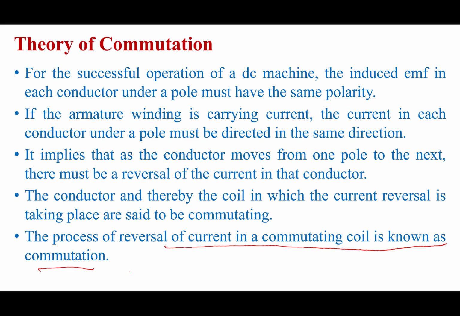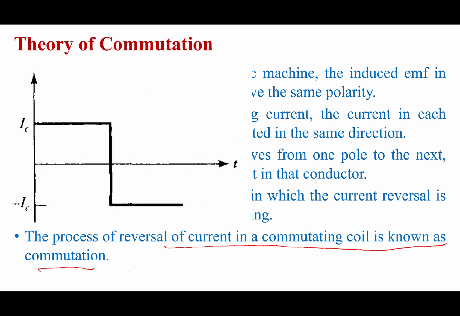This is the commutation process we can see here. Here the current in one coil, which we are seeing here, the magnitude is IC.